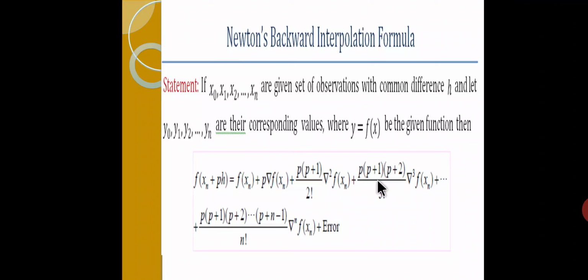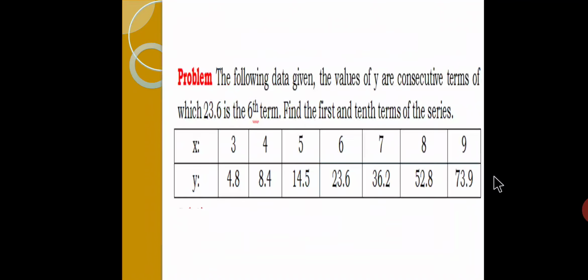We consider the last values of the table. So when the required point is close to the end of the table or terminal values, we apply Newton's backward interpolation formula.